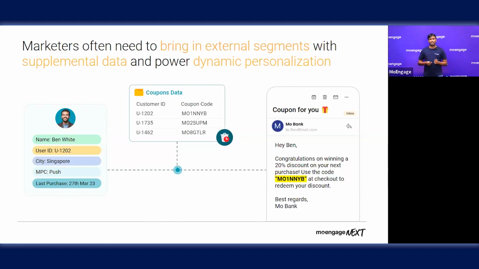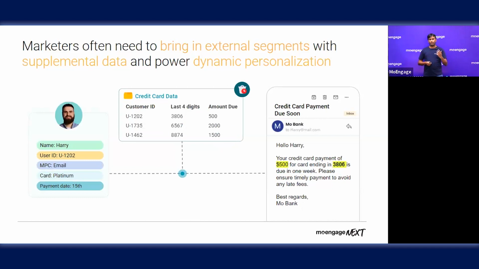And similarly, we have seen, especially for verticals like financial services, healthcare, telecommunications, where they have a lot of data sitting in their systems, and they also have a workflow where the data analytics teams are creating these segments and generating that campaign metadata, and you want to bring all this campaign content and metadata into the MoEngage platform.